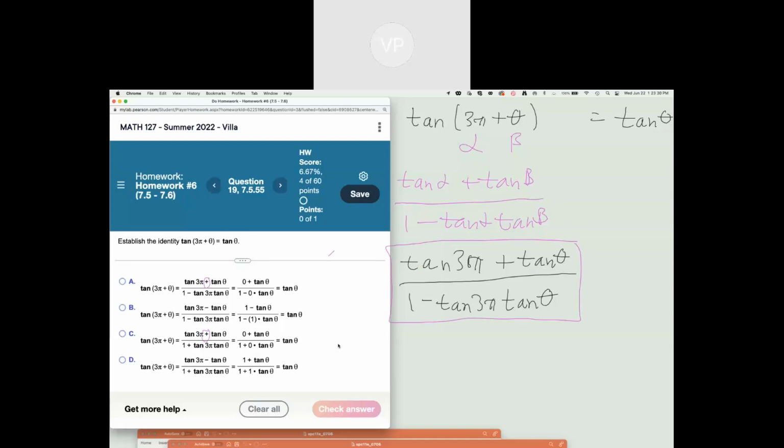This has a negative, this has a negative, so right now I know these two are gone. If I don't do another step, we're 50-50. I can guess and have a 50-50 chance of getting it right. But I want to keep going, because my ultimate goal is this tangent of theta up here on the right. So now I have to think: what's the tangent of 3 pi?